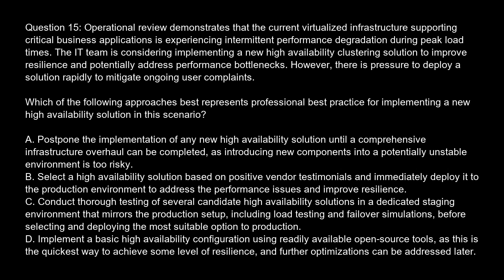Option C. Conduct thorough testing of several candidate high-availability solutions in a dedicated staging environment that mirrors the production setup, including load testing and failover simulations, before selecting and deploying the most suitable option to production. Option D. Implement a basic high-availability configuration using readily available open-source tools, as this is the quickest way to achieve some level of resilience, and further optimizations can be addressed later.